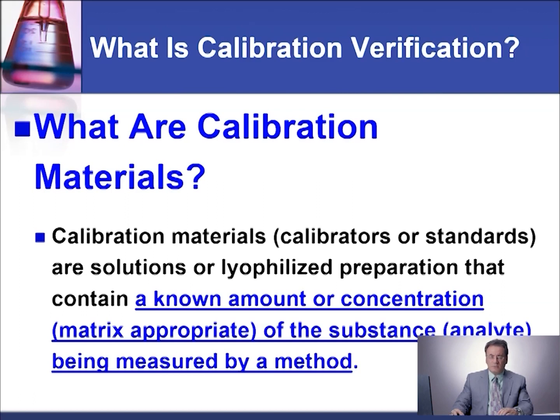So the calibrator has a known amount, and it gives you that amount when you analyze it. Okay, so a 0 amount calibrator will give you 0, a 5 will give you 5, a 10 will give you 10. Okay, it does not give you 4.9 for a 5 or 0.1 for a 0. It gives you the exact number that the calibrator contains.